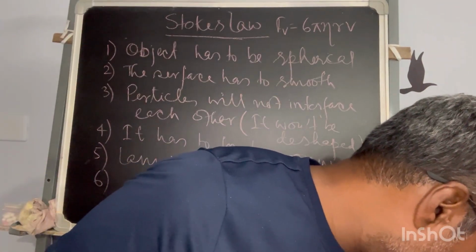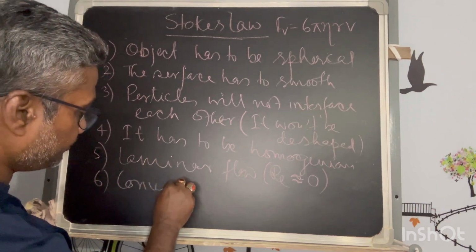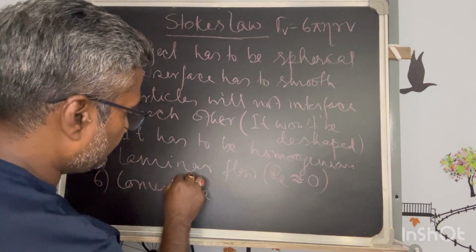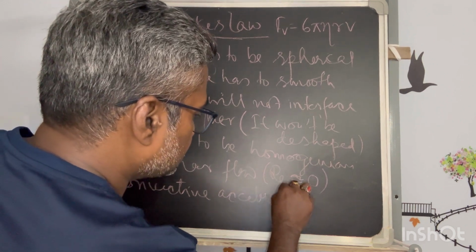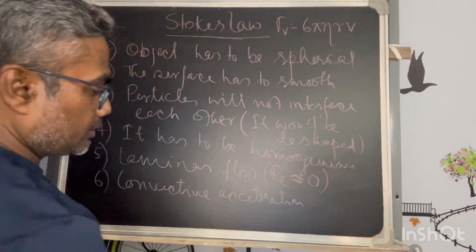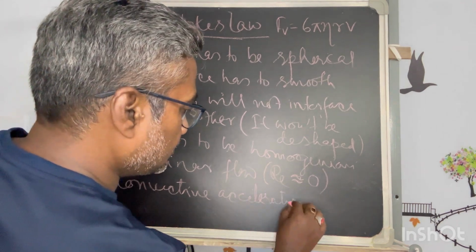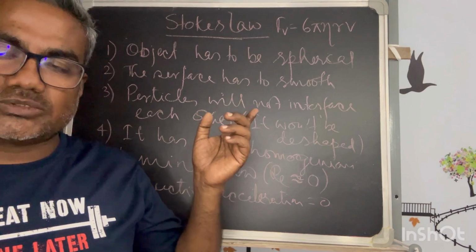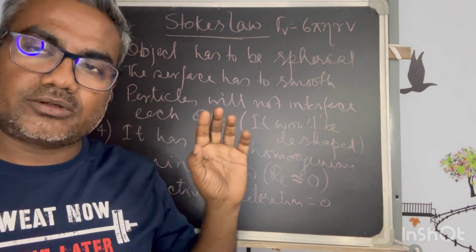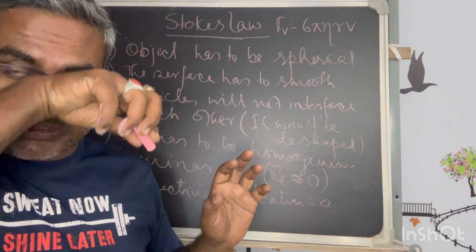And spherical I already said, convective. For laminar flow, the convective acceleration, because in an earlier case also I have derived some formula, has to be 0, and I have derived some formula where I have shown that velocity is dependent on the radius square, that is a parabolic equation.